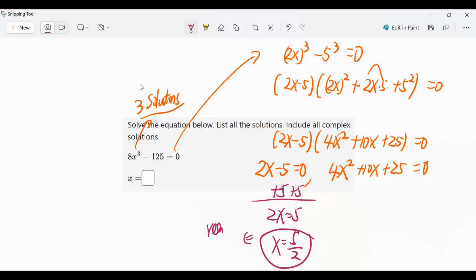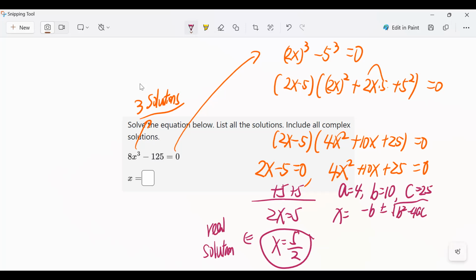Now for the complex solutions, a equals 4, b equals 10, c equals 25. By using the quadratic formula, minus b plus or minus radical b squared minus 4ac over 2a. Now this is minus 10 plus or minus 10 squared minus 4 times 4 times 25 over 2 times 4.